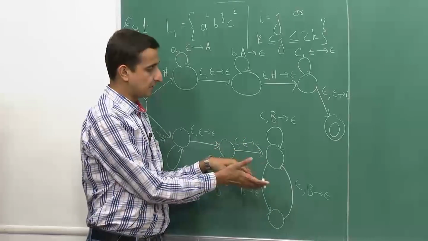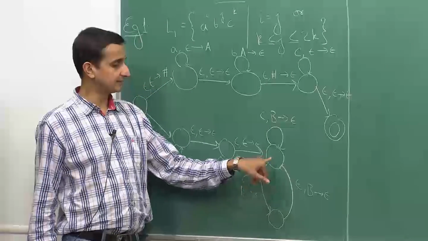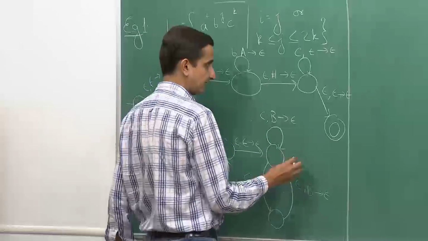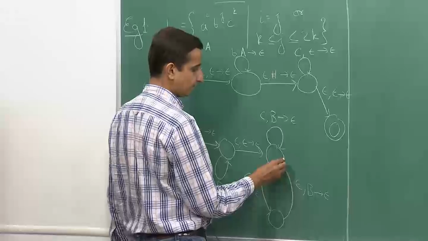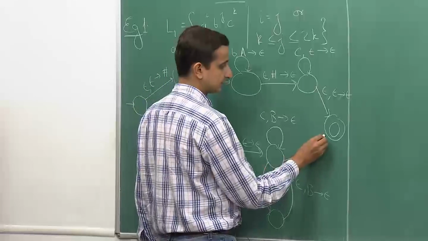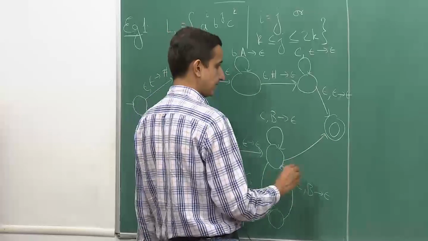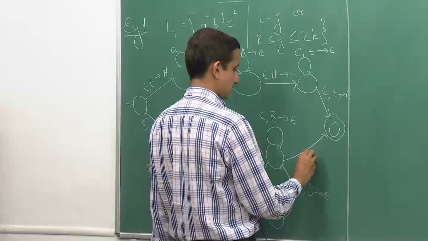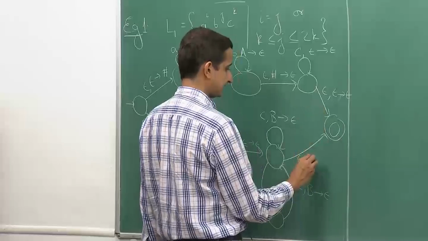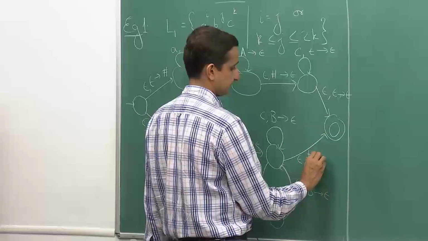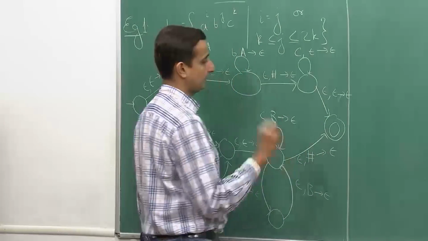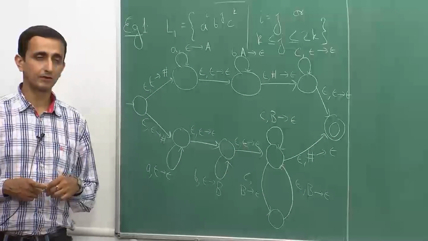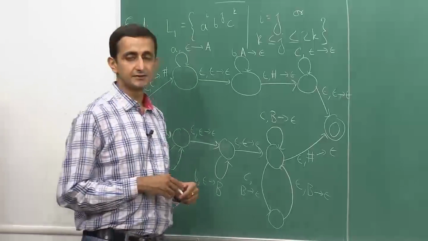So, observe that I non-deterministically do one of the two things in this state, either this or this operation. And now finally, when all the C's are popped out, I will just go to this state if the symbol on the stack is the hash symbol. Okay, I will pop it out and I will go to the accept state. Okay. So, this is the automata.